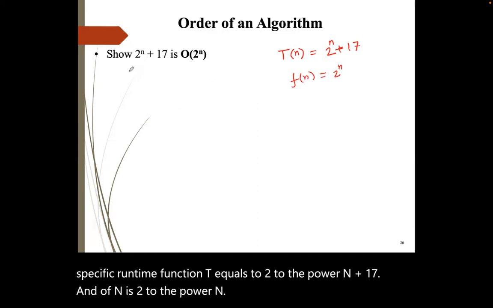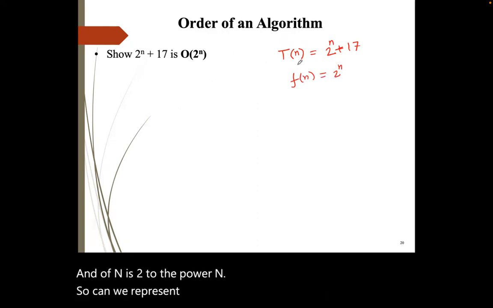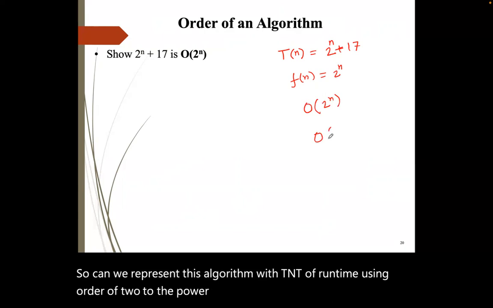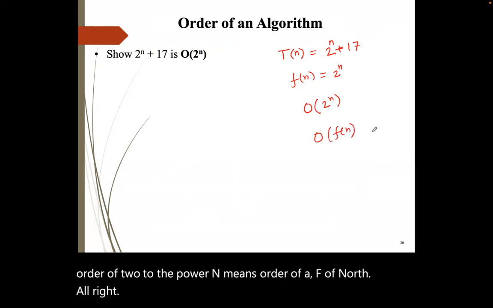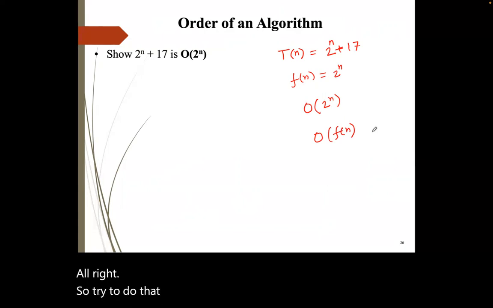Can we represent this algorithm with T(n) of runtime using order of 2 to the power n, meaning order of f(n)? First try to do that by yourself, and then you can look at the answer here.